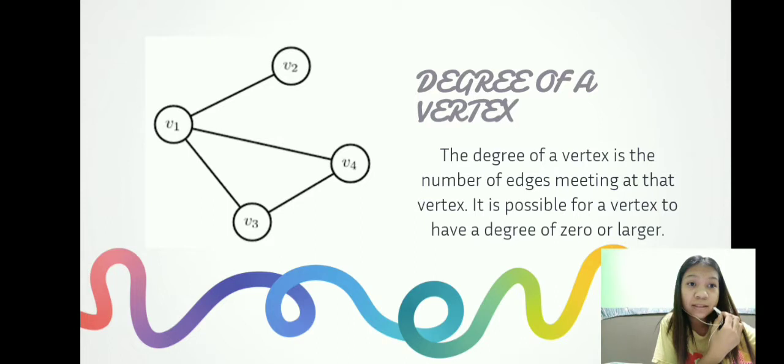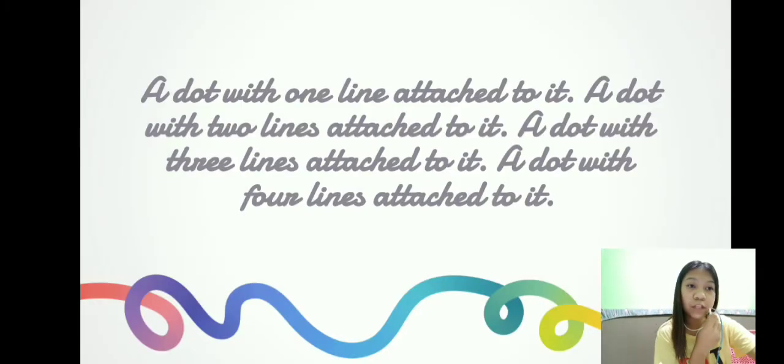So the degree of vertex 2 is 1 because it has only one edge, which means the line connected to the vertex. So, if the dot, which is the vertex, has one line, the degree of the vertex is 1.